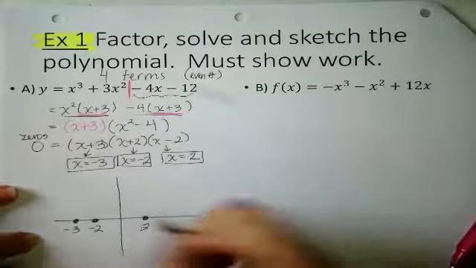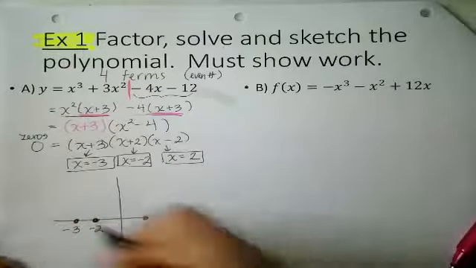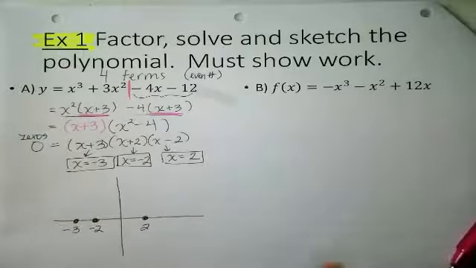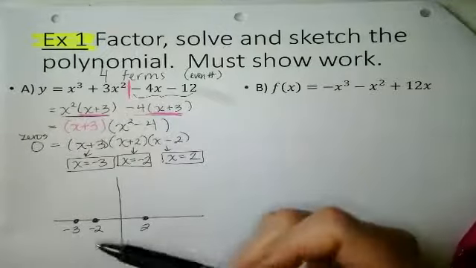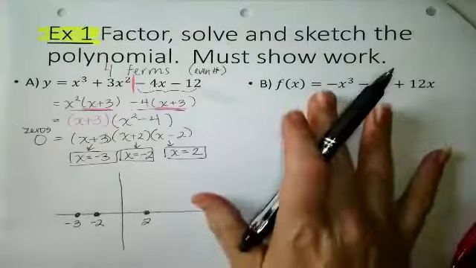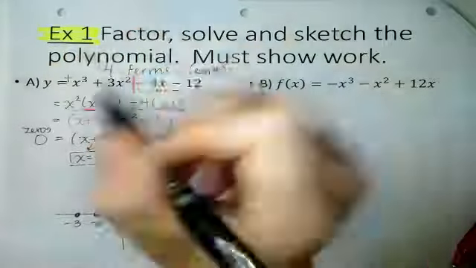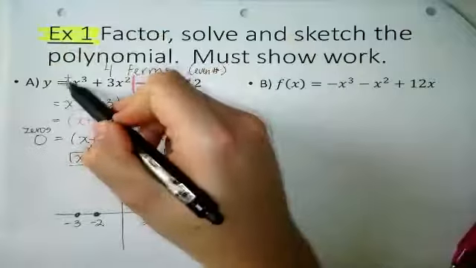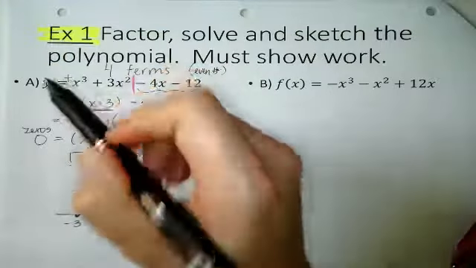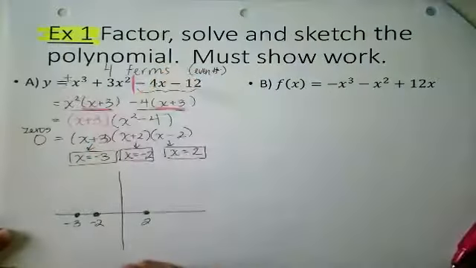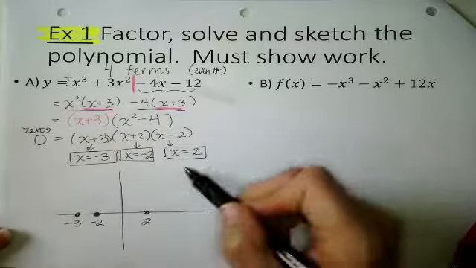And you'll notice you plot a point and you label it. It is what it is. It doesn't matter how wonky the spacing is. I'm telling you, that's what it is. Now, how do we graph this? A polynomial is a nice, smooth curve. And this polynomial has a positive leading coefficient, which means it's going to start low and end up high.